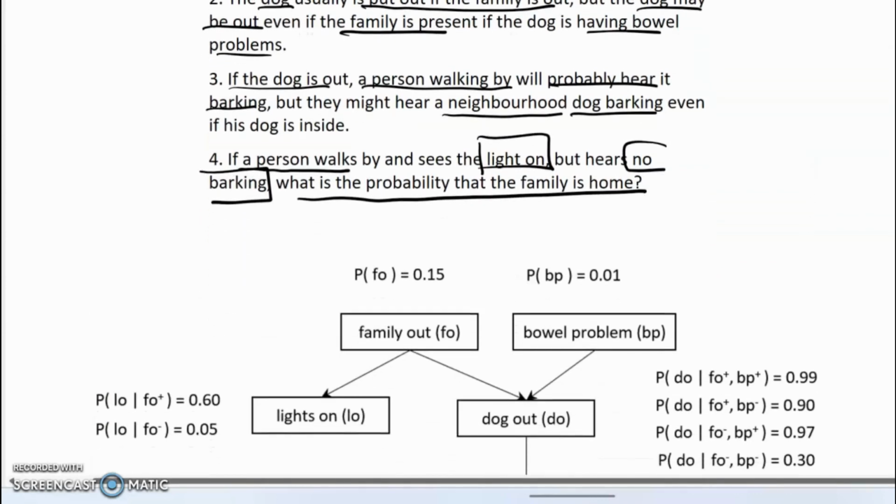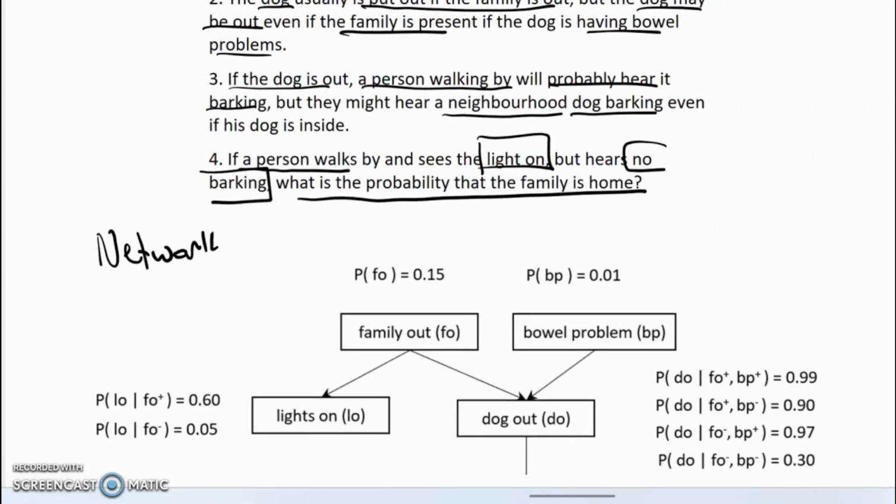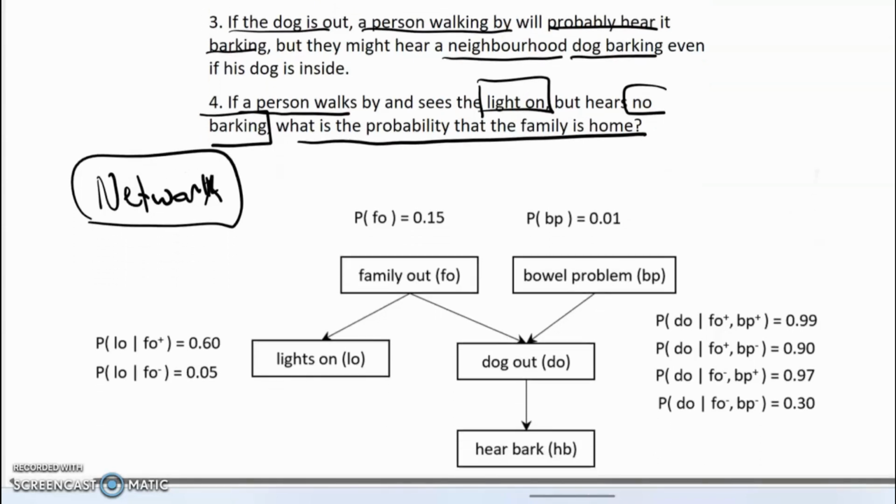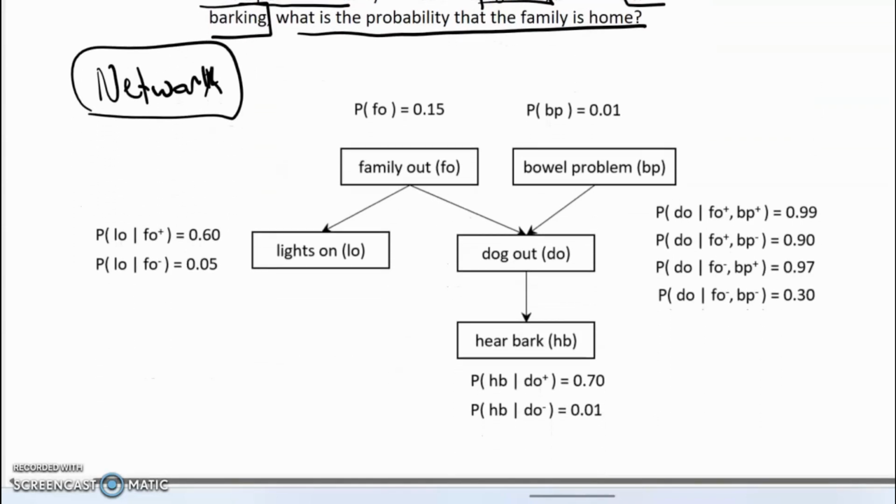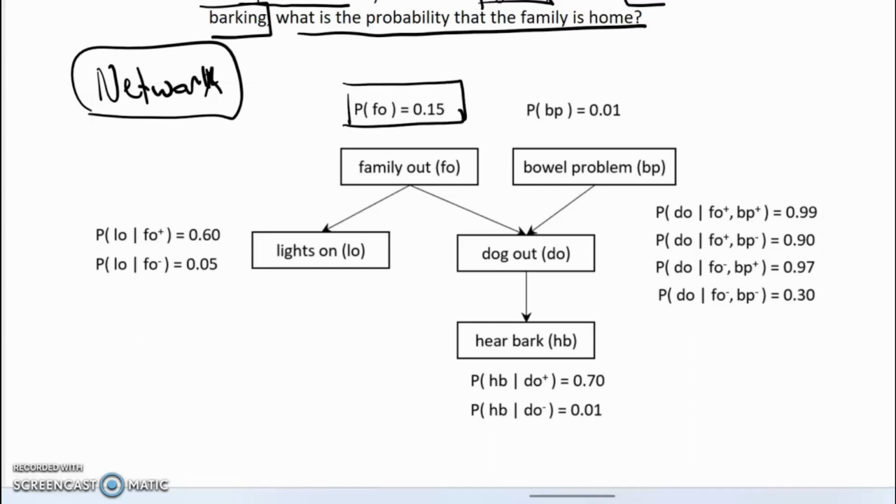So what we do is we create a network, a network of prior probabilities and conditional probabilities. We start off with the prior probability that the family is out, which we set at 0.15. The probability that the dog is having bowel problems is 1%.